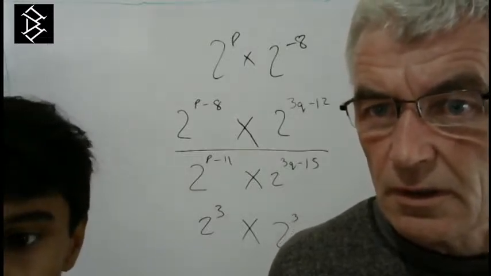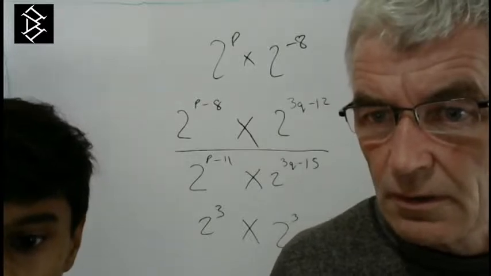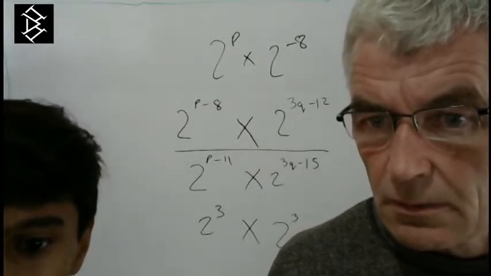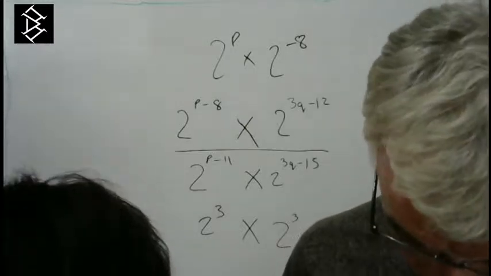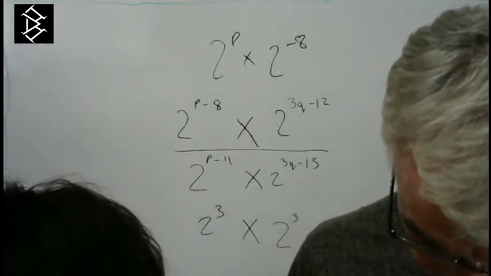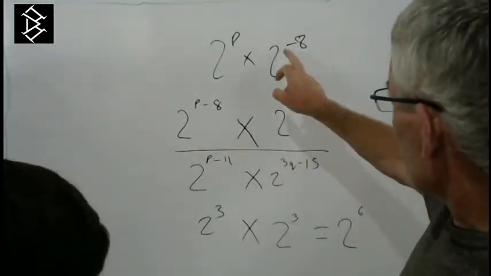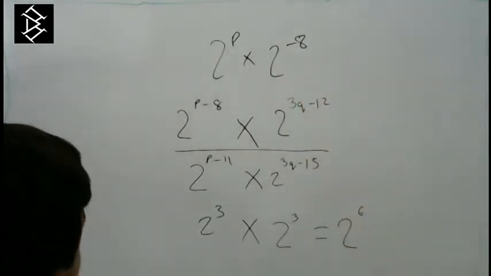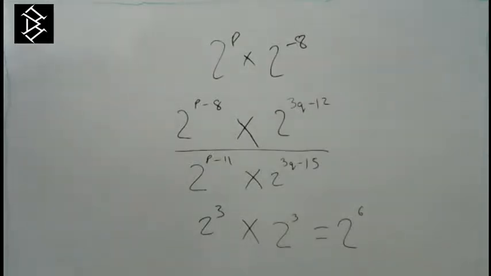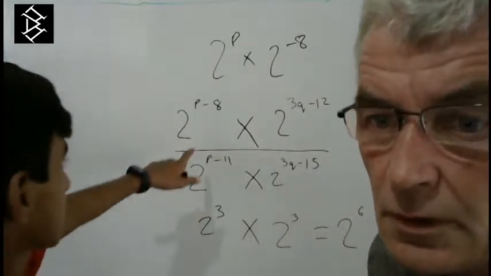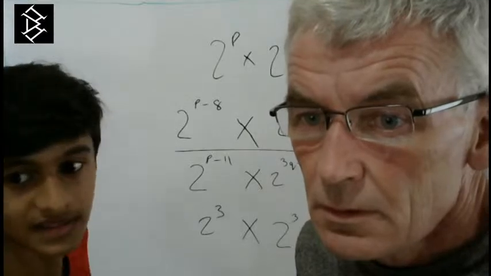How are you getting D? Did we do any mistake in that? No, 3. Minus 8 minus 11. I think that's how they're getting.